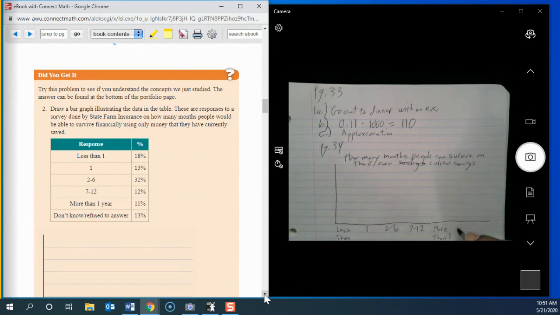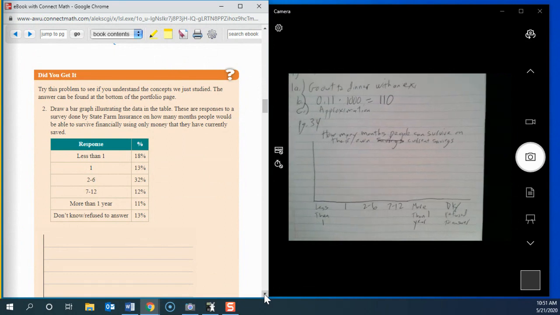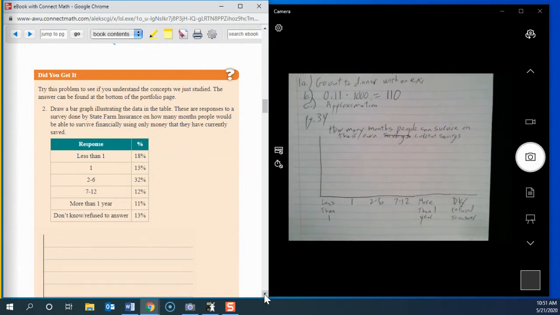And then we can abbreviate this. We could do DK for don't know / refused to answer. All right. So that takes care of the names. And we know that it tells us how many months. So we know that this is months.